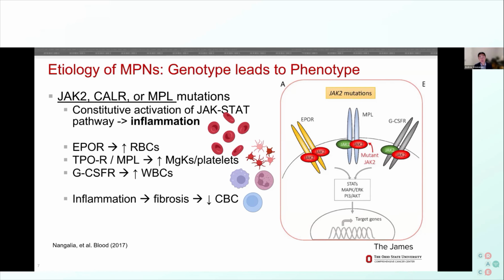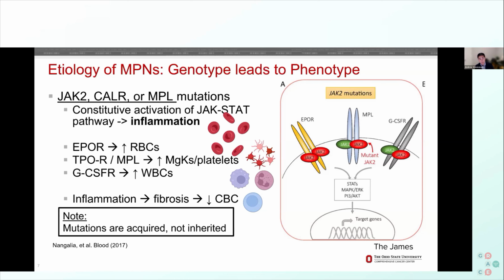So the disease can transform with the constant activity from the mutations. One important point that I always talk about with my patients is that these mutations are acquired at some point in their life. They're not inherited from their parents.